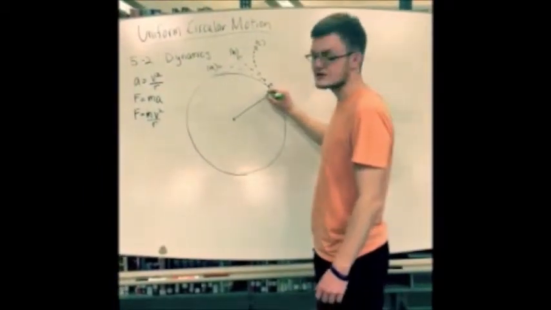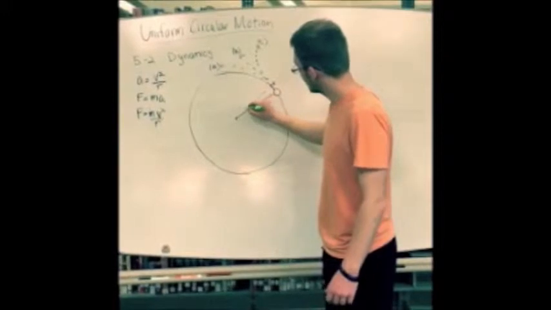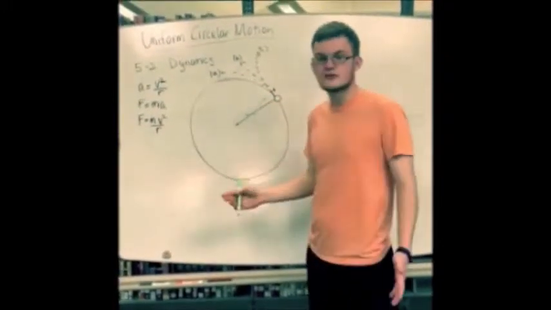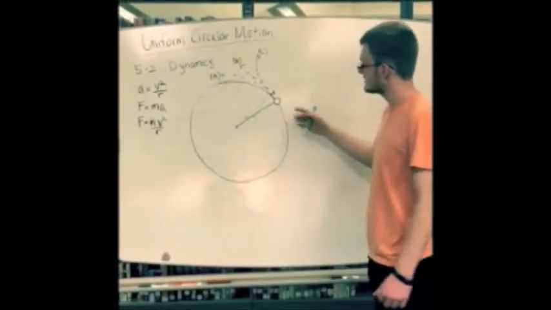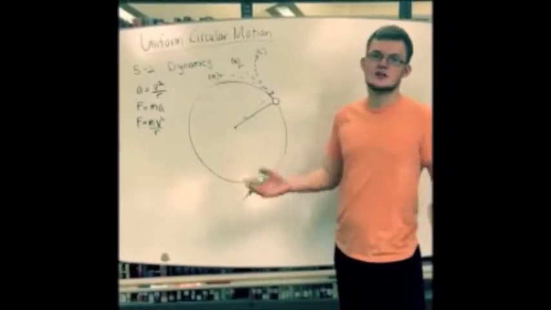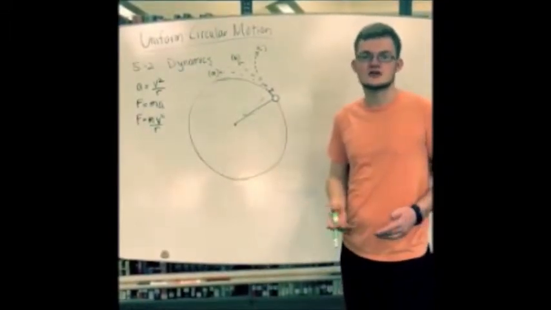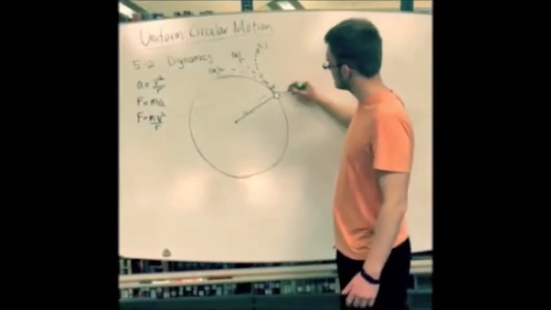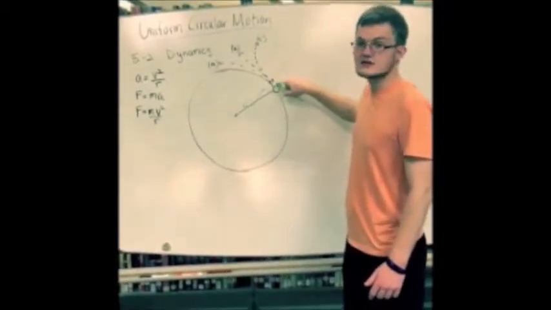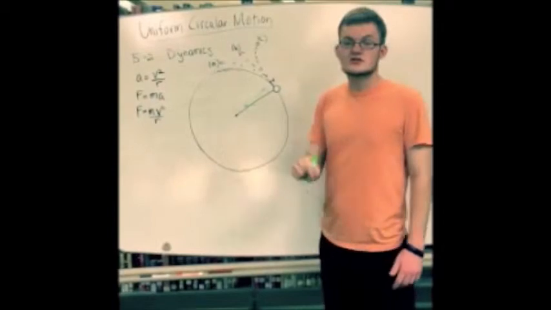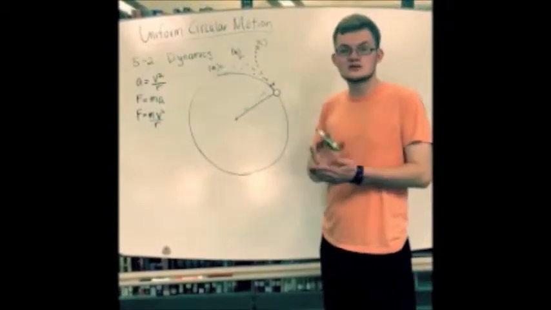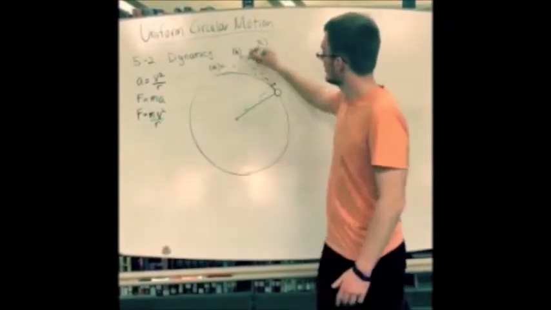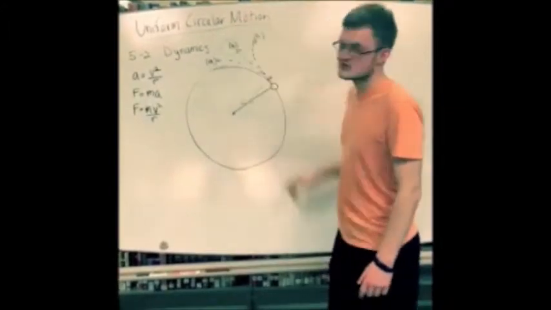Because the only force acting upon the ball is going inwards, the centripetal force, once that disappears, there will be no force acting upon the ball, well, except for air friction and stuff like that. So it'll just continue in the direction it was going, the v that was tangent to the circle. So the direction something will go once the force stops acting upon it is always going to be tangent to the circle.